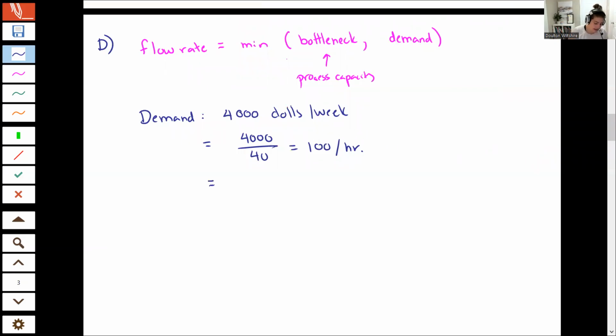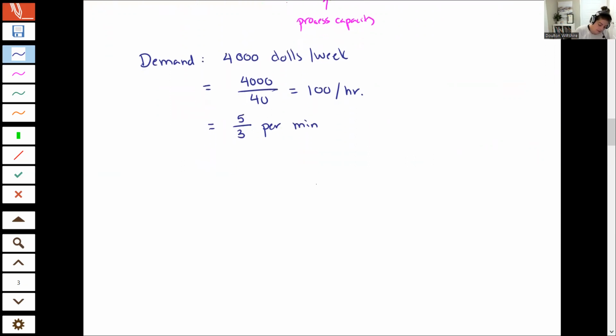Again, because everything else I had was in minutes, I'm going to take that 100 per hour and divide it by 60 to get 5/3 per minute that I need to be producing. For step 1, that batch size, I'm going to take that flow rate that I want, that 5/3, times my setup time, 15, over 1 minus flow rate times the time per unit.